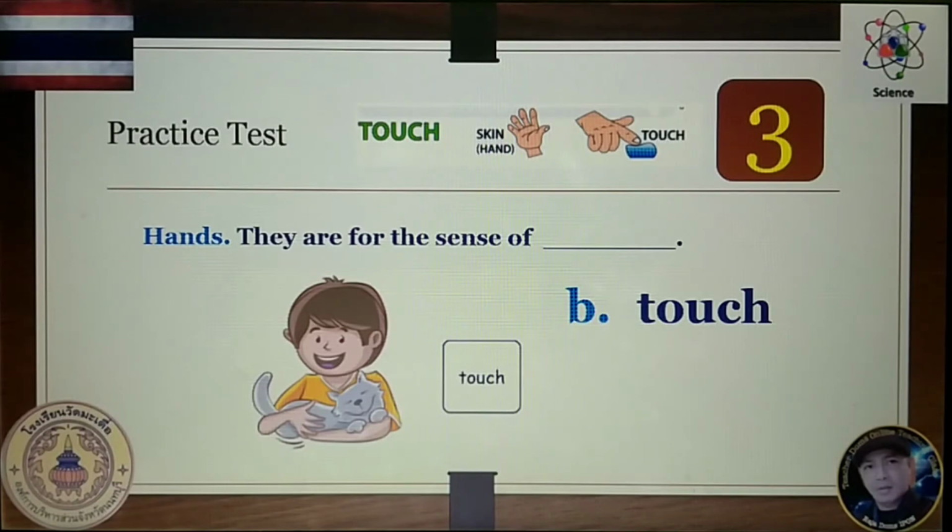Hands, they are for the sense of B, touch.